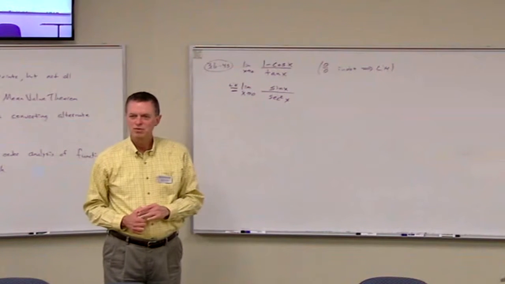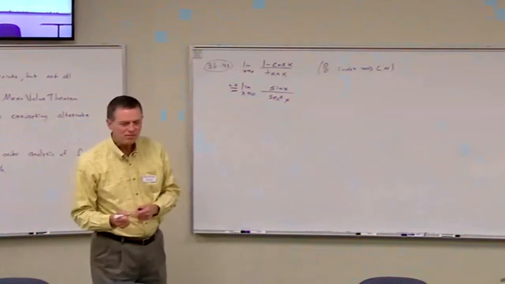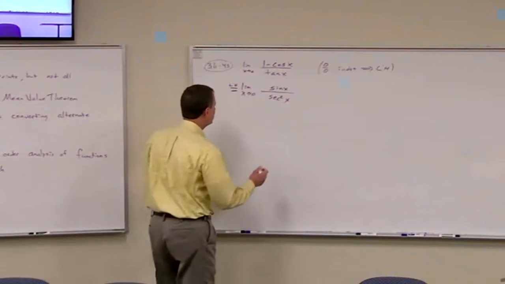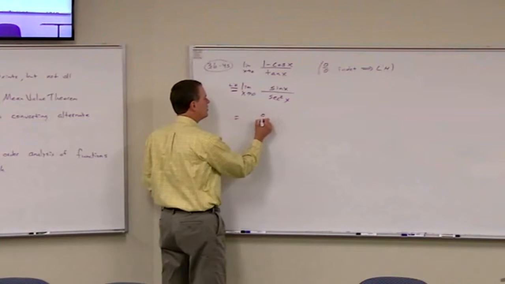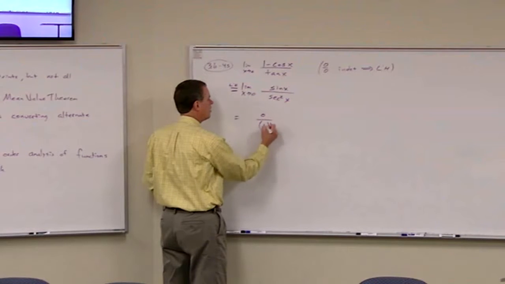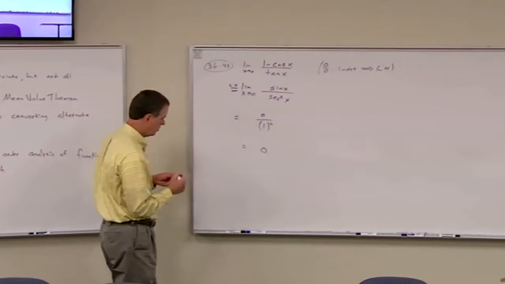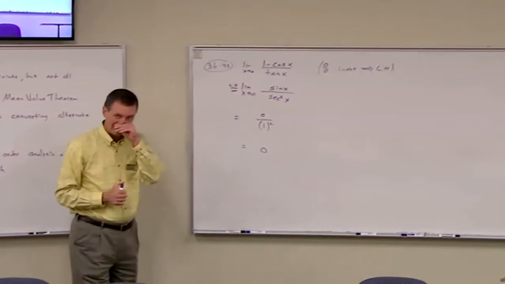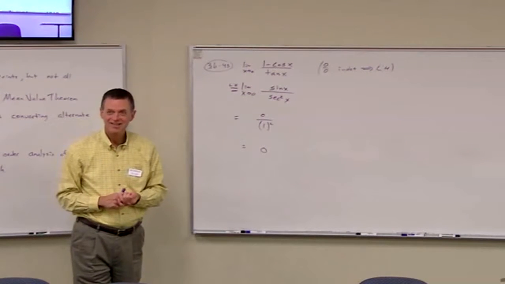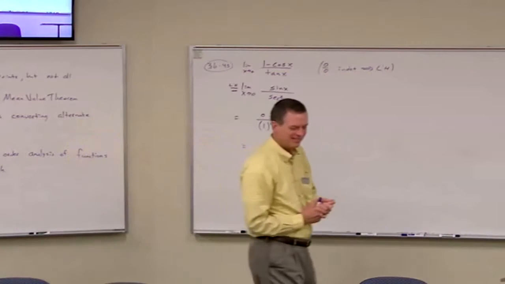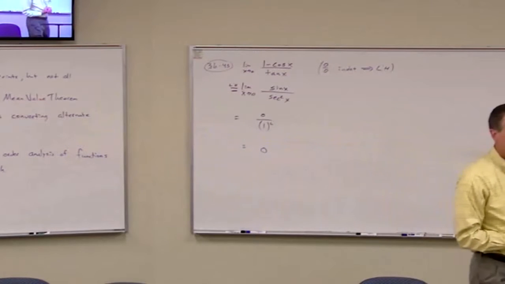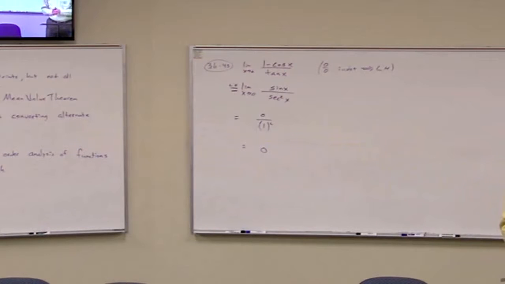Cosine of 0 is 1. 1 over 1 makes 1. I see that. This makes it 0 over 1 squared, which is 0. So we just did this. That's okay. It's simple once you see it. It's not simple before you see it.